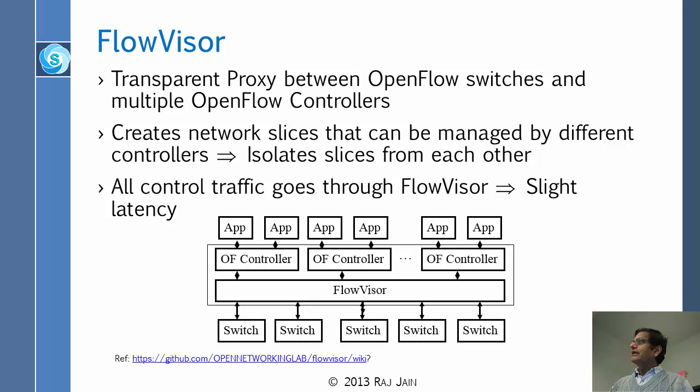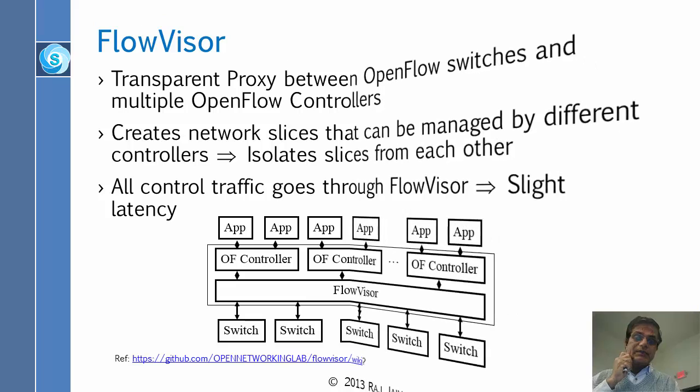Because every packet is inspected, it does cause slight latency, but other than that, that is the goal of FlowVisor. It is developed by the Stanford ON Lab. I think they call it the ONRC Lab, the Open Networking Research Center.